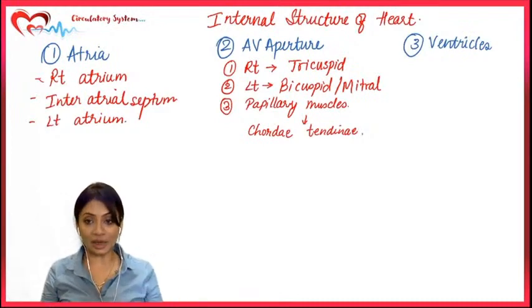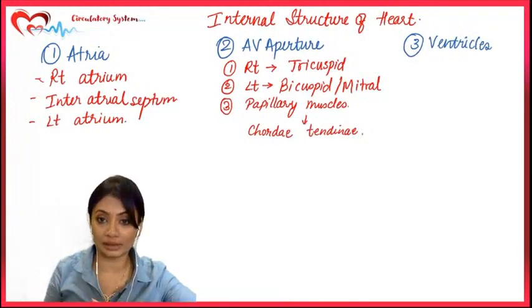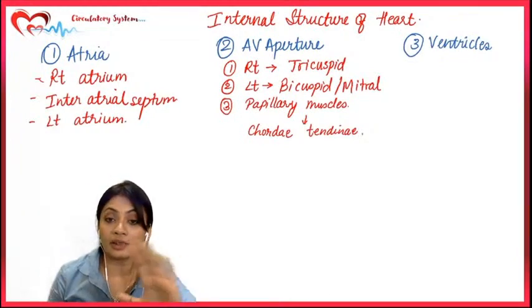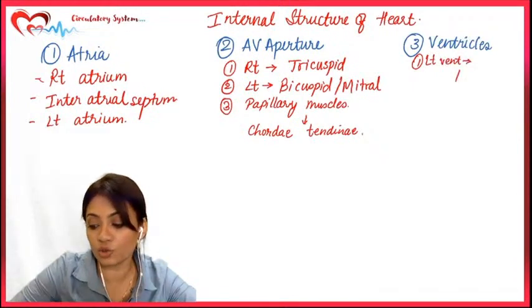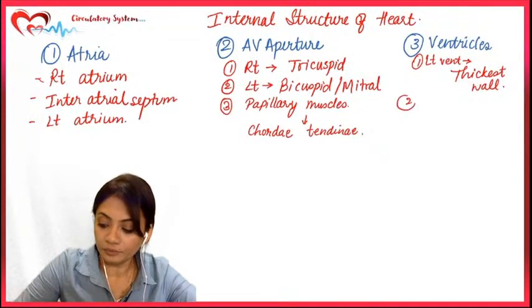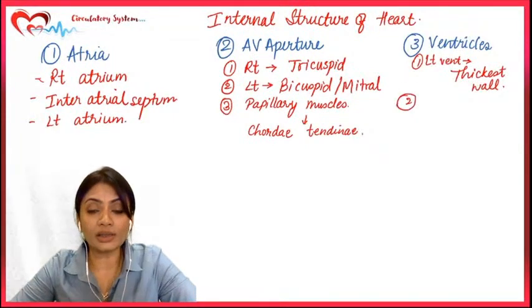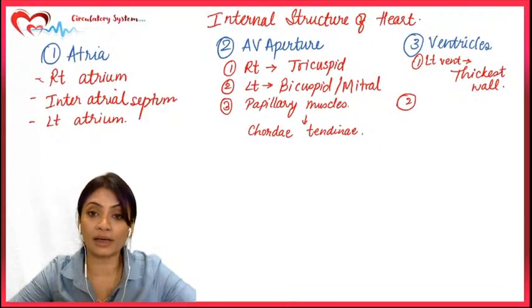Third, going downwards, we speak about the ventricles. Now these ventricles, we first began with the left ventricle. It had the thickest wall. Remember that? Then we spoke about when the ventricles are pumping, where exactly is blood going out from.